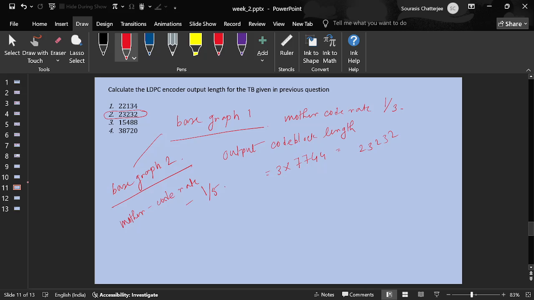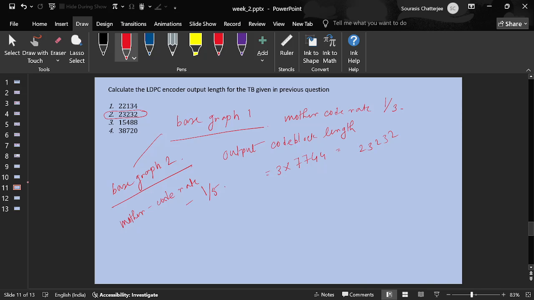Correct. For base graph 2, your maximum input code block length is not 8448 anymore. For base graph 2, it can only be 3840. So I just cannot multiply 5 times 7744.